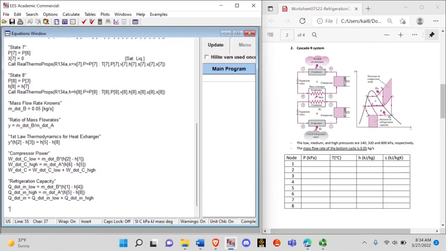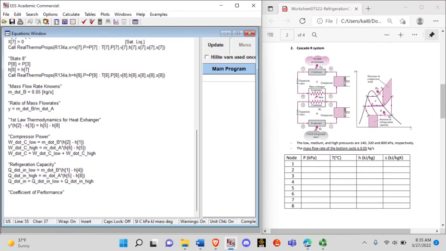So then we can find the coefficient of performance of the system. So we'll do COP equals Q dot in divided by W dot C. So now we should have been able to solve everything.